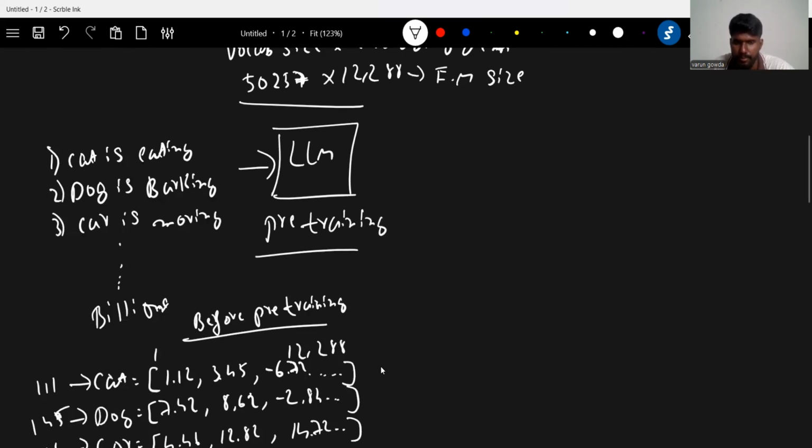Now what happens? This LLM tries to learn these billions of input sentences. How does it learn? It learns by updating the model weights. We'll see in depth how LLM pre-training and inference happen in our next sessions.